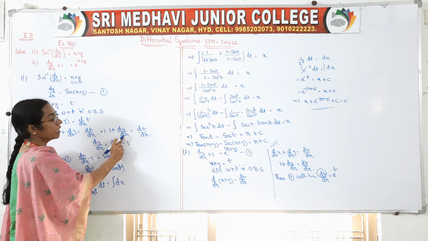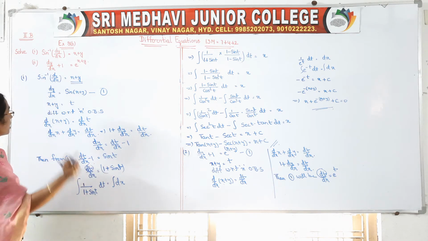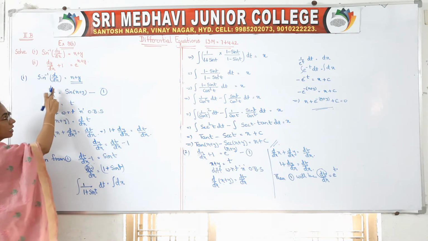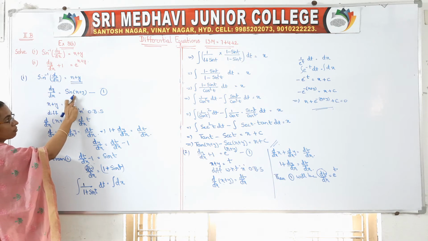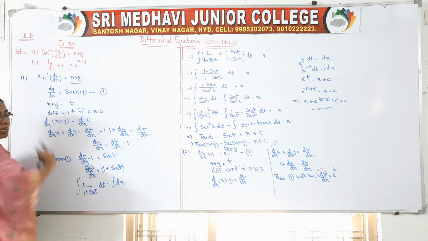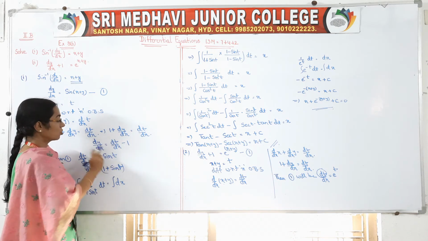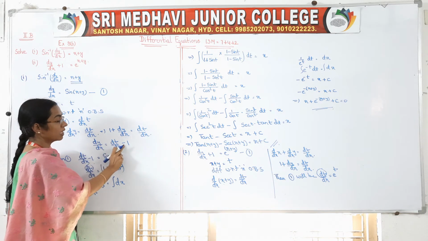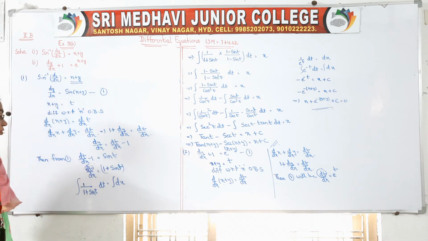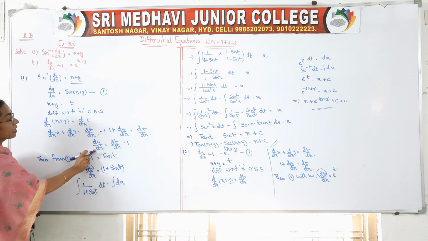So we need dy by dx. See your equation: dy by dx is equal to sine of x plus y. For that sake, you send this one that side. So dy by dx is equal to dt by dx minus 1. Okay, now we got dy by dx.